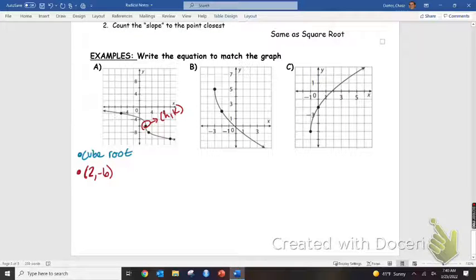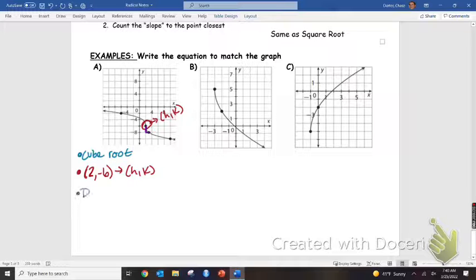And then if I look at the next point, the point right next to it is right there. So this is h, k. And this next point that I circled in purple is down 2, over 1.